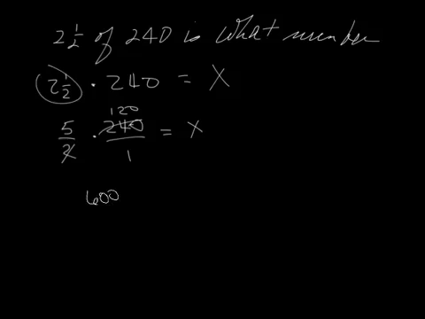So 2 1/2 of 240 is what number? 600. So if we take 2.5 of 240, we get 600. So you don't even have to really understand what they're asking for. You just need to know that of is times and is equal, and x is the number that you're looking for.